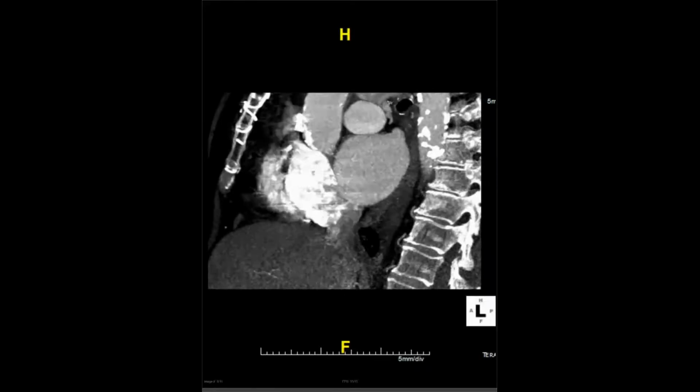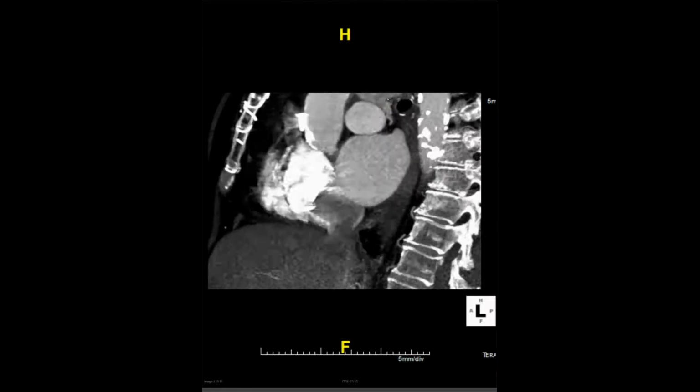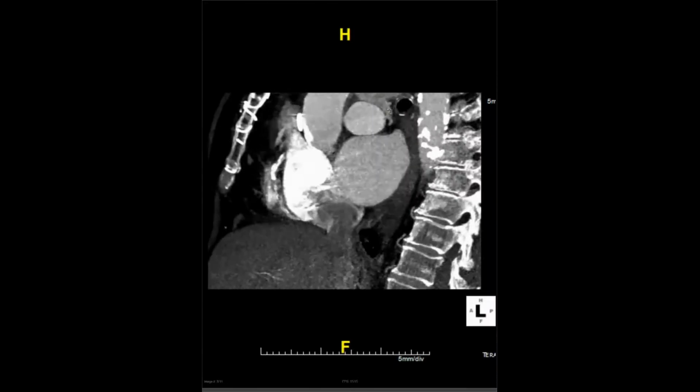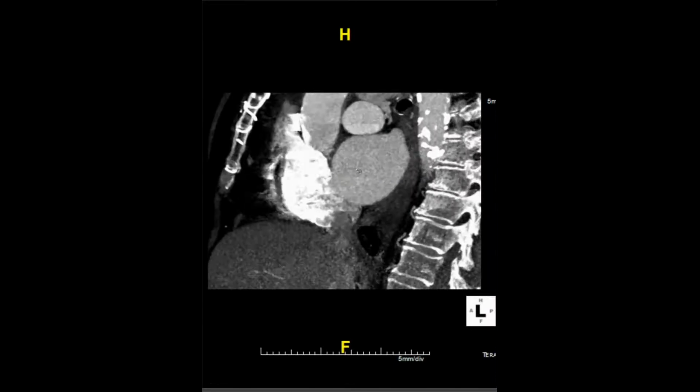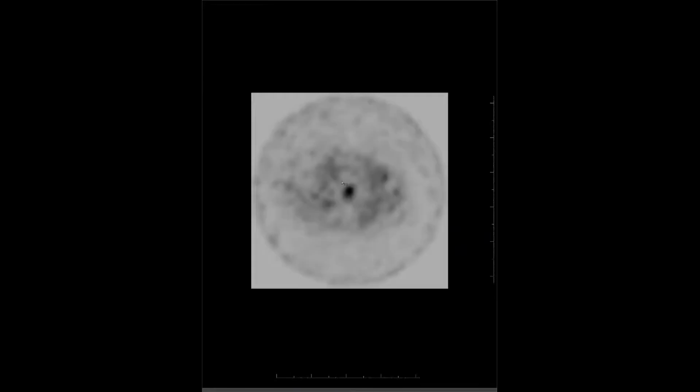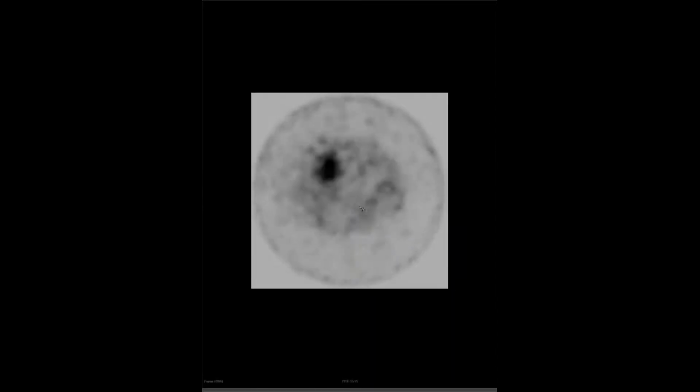And sure enough, it seems to move with the heart, which would be consistent with at least part of it being within the pericardial space. And here's the corresponding axial SPECT image from the MIBG, showing it's very, very hot on that, lots of uptake. Here's the MIP showing that focal tracer uptake. So this is likely another intrapericardial paraganglioma.